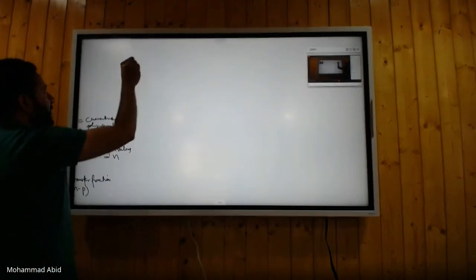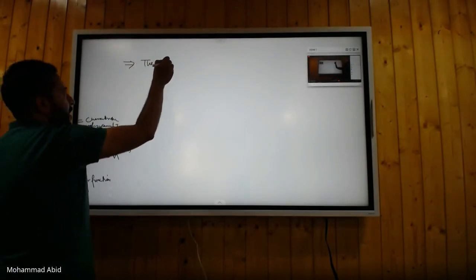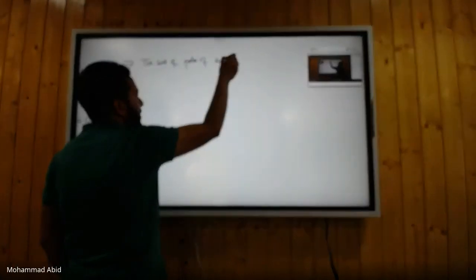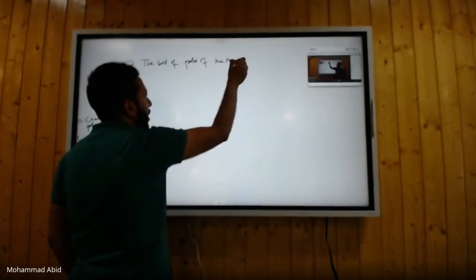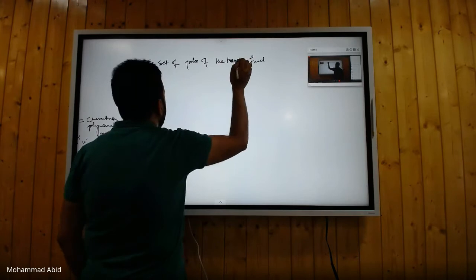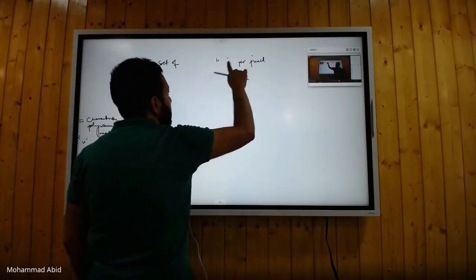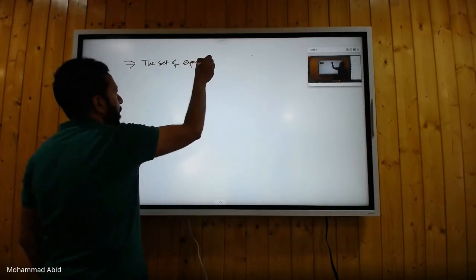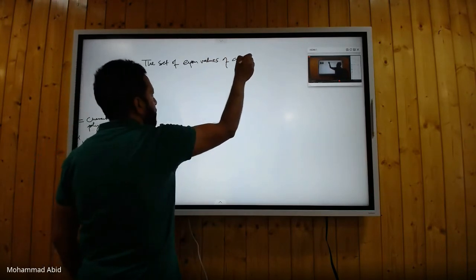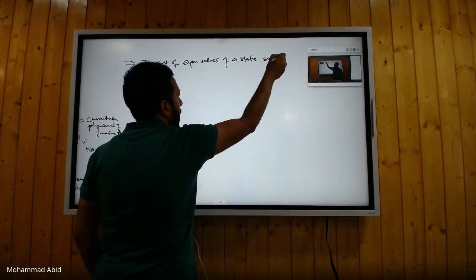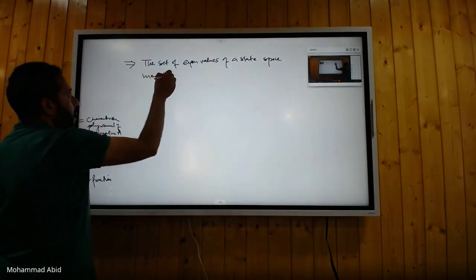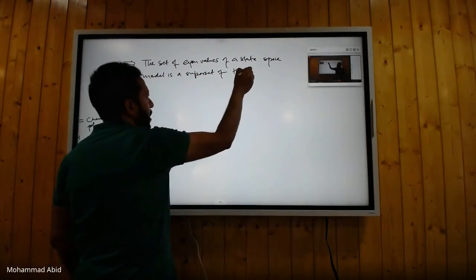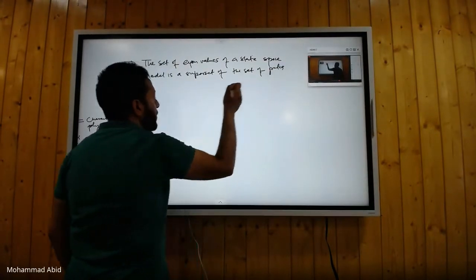So this actually implies the set of poles of the transfer function G(s)... हम ऐसे लिखेंगे: the set of eigenvalues of a state space model is a superset of the set of poles of the corresponding transfer function.